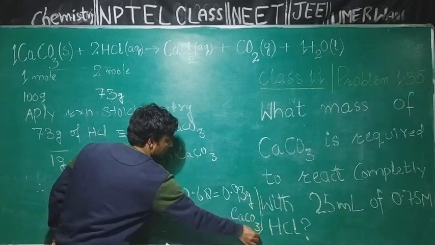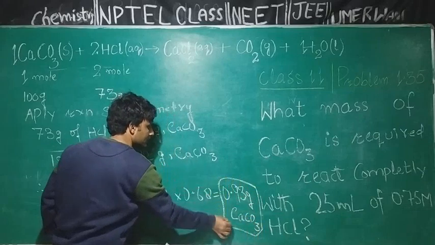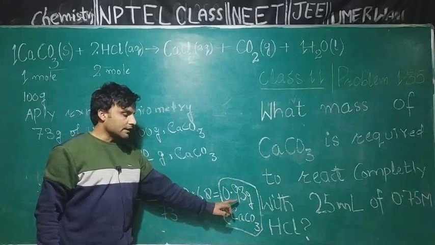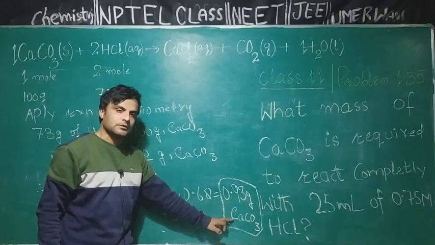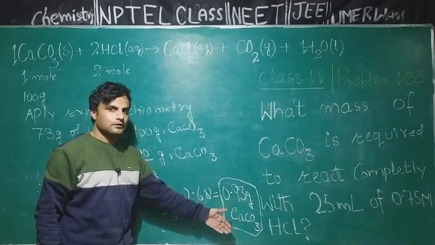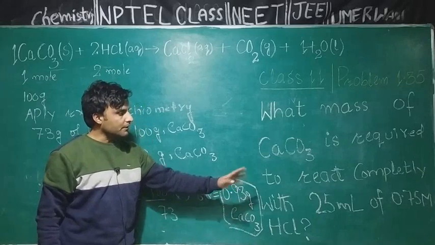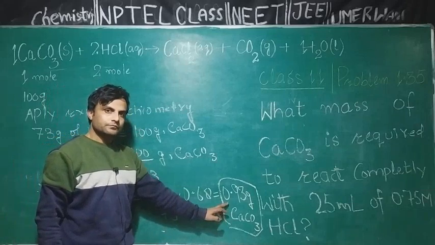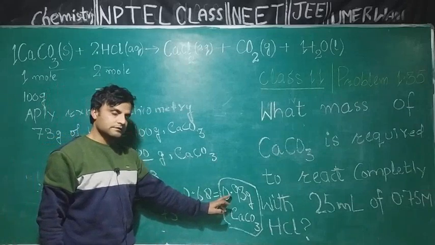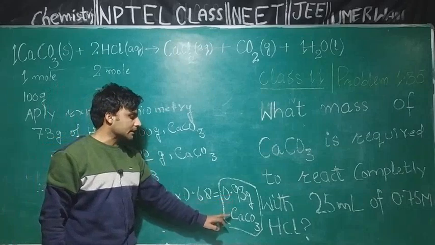This is what I had to calculate: the mass of calcium carbonate that will react completely with 25 ml of 0.75 molar HCl solution, and the exact value is 0.93 grams.